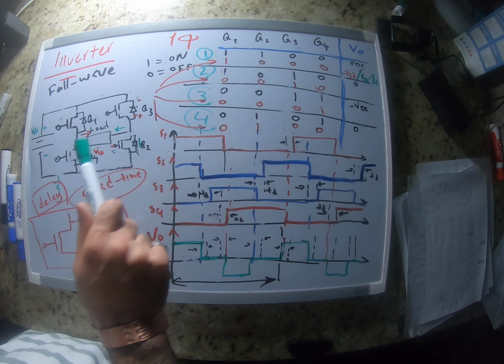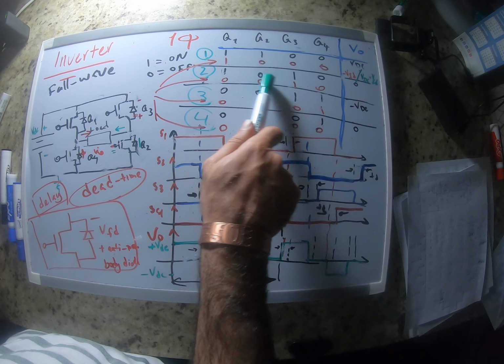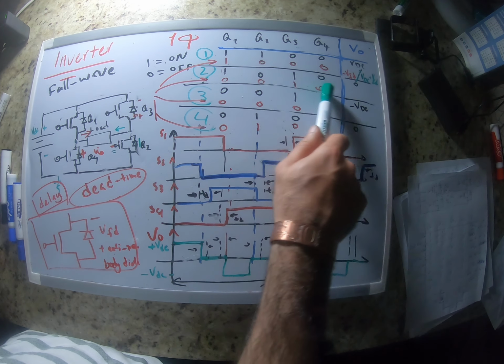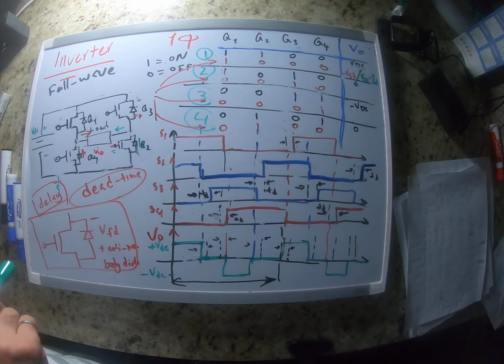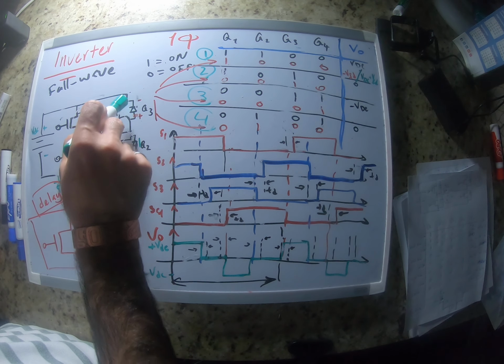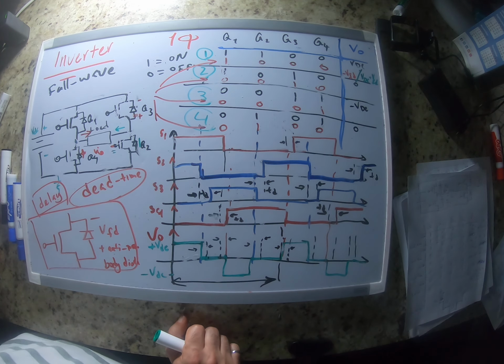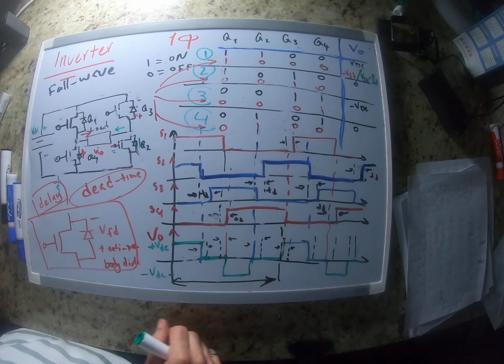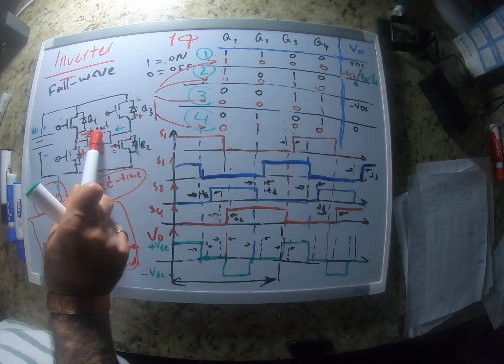So now we have only switch 3 on. In this case, I'm looking at this red line here in state 2. I'm only having switch 3 on. What happens if the current is going this way?